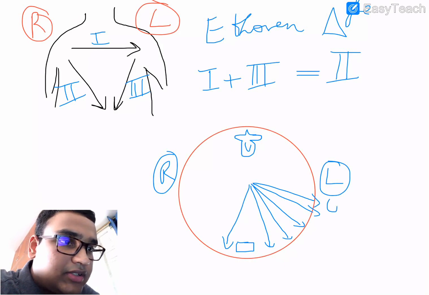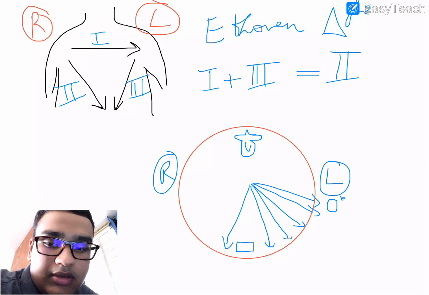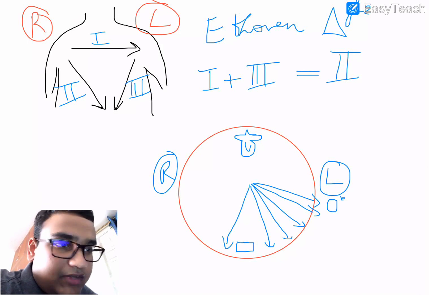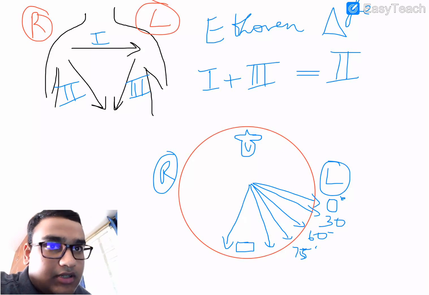Usually V6 is considered as the 0 degree vector, and V5 would be 30 degrees, this would be 60 degrees and this would be 75 degrees and so on. So these would be the vectors. As you all know, a vector is nothing but a magnitude having a specific direction, so the direction here is depicted with respect to these angles.